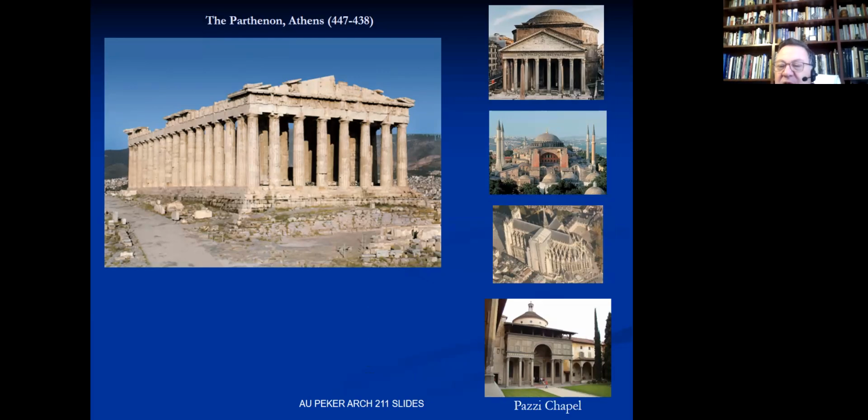In split, the Gothic cathedral is closer to the Pantheon and the Parthenon. In split, Pazzi Chapel is closer to Hagia Sophia. Probably we should regard Hagia Sophia as one of the backgrounds of Renaissance architecture, maybe even more prominent than the local Roman inheritance in Rome.